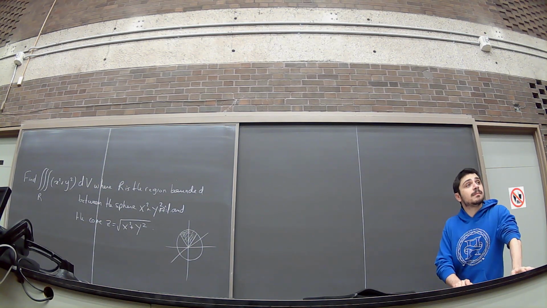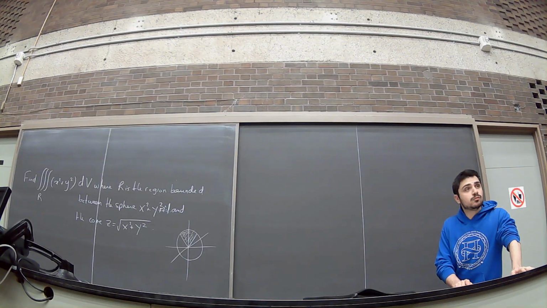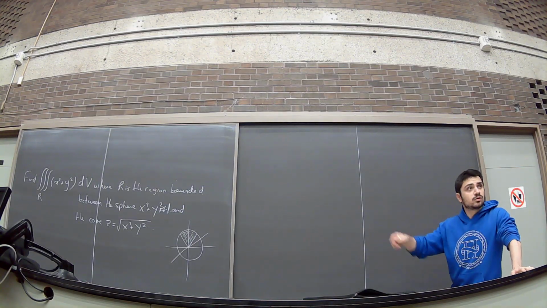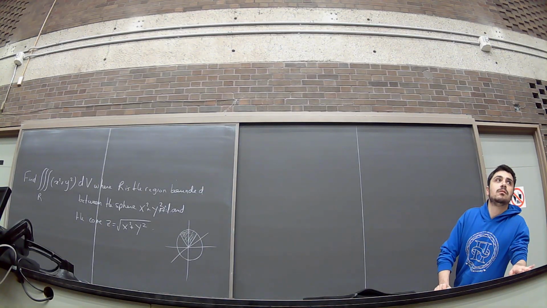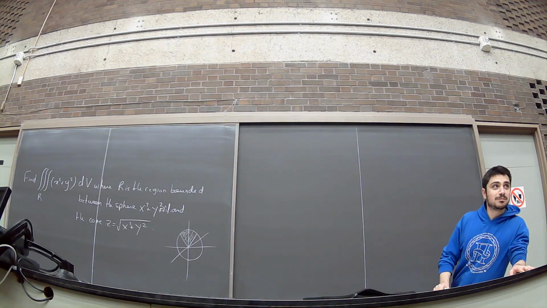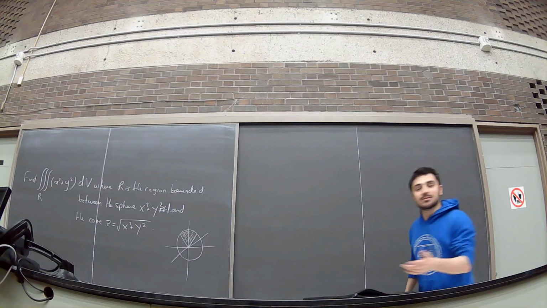If you get another equation for the cone, you have to solve it. Yeah, you can solve it. So we can do another one. Let's see if we can do another one. We can put a C here, right?